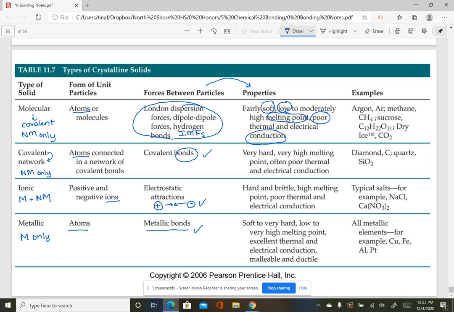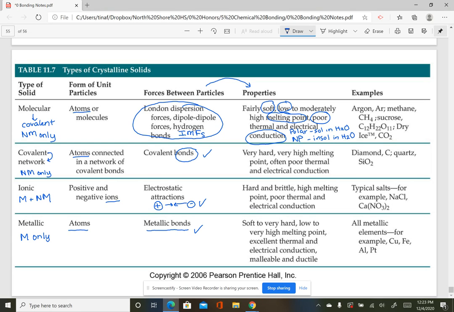Okay. As far as solubility goes, solubility isn't on this chart, but I'd like to add it. If it's a polar substance, it's soluble in water. And if it's a non-polar substance, it's insoluble in water.